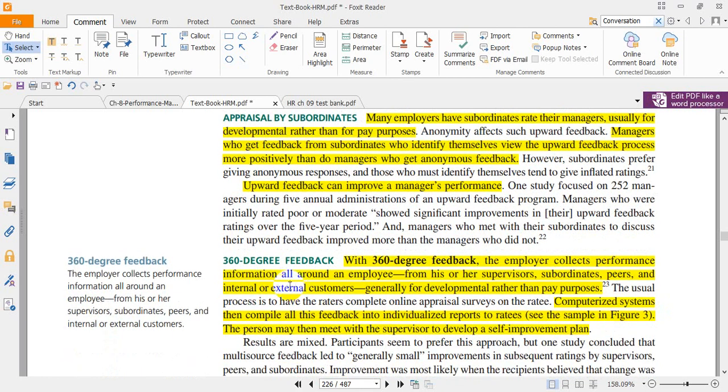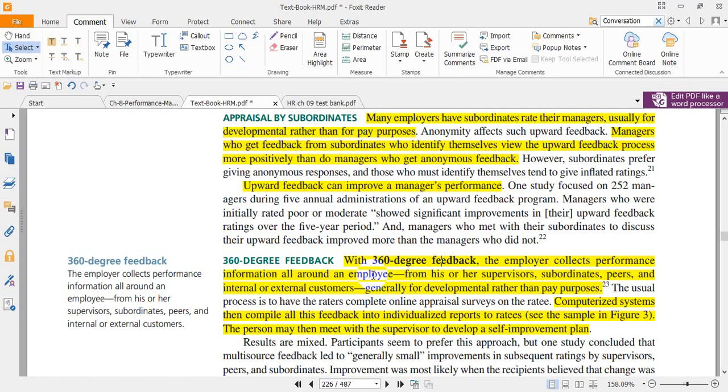Another type or another form of appraisal, 360-degree feedback. It means that the employer collects performance information all around the employee.